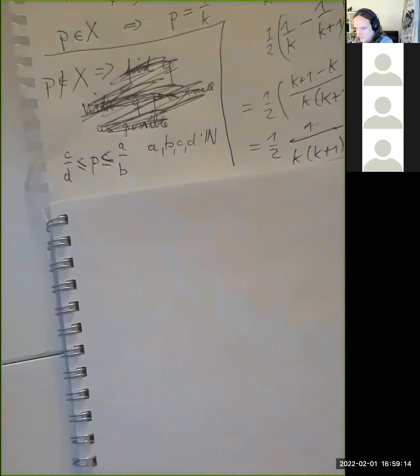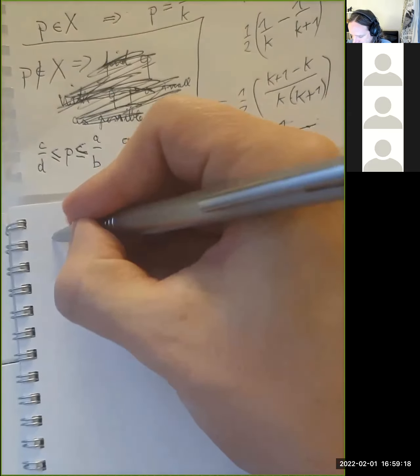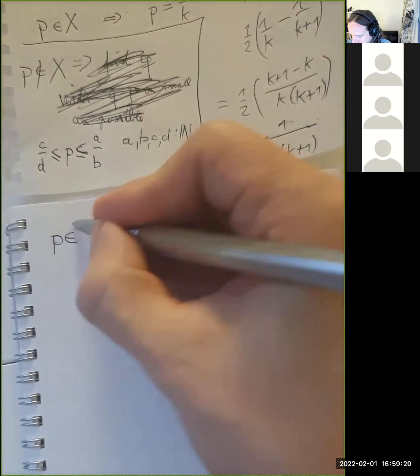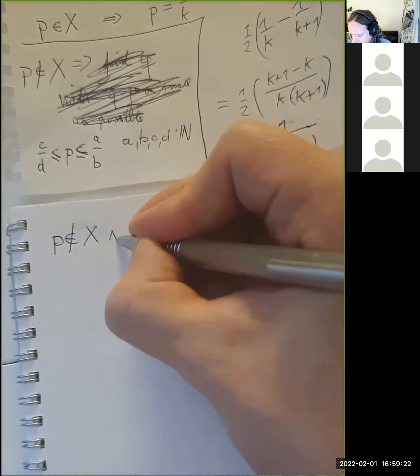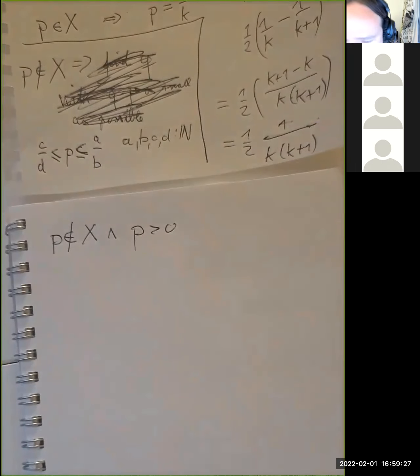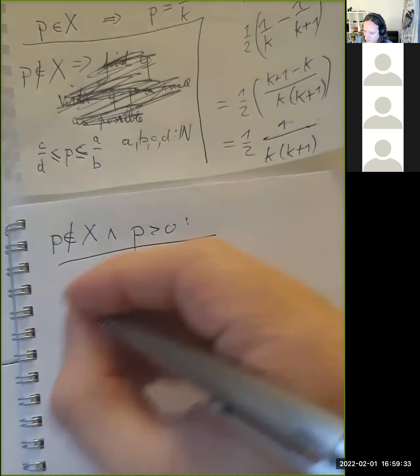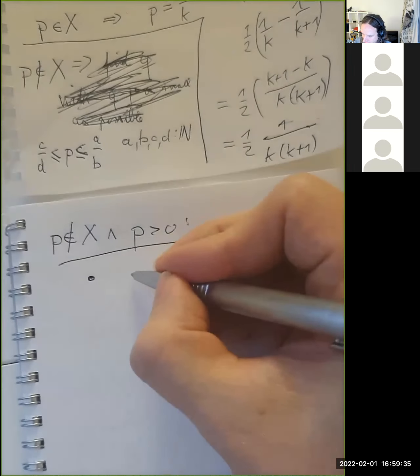Maybe one quick way to finish this off is we say P is not in X and P is greater than 0. So that makes it a bit easier. And then we have to figure out the following.